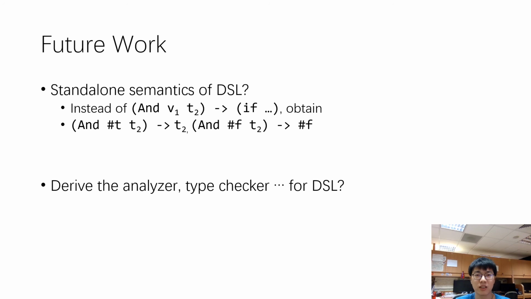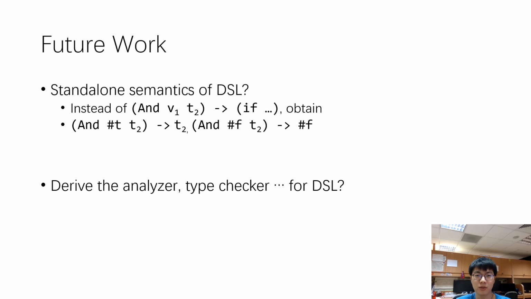Just like this and sugar, based on the reduction rules of if, it's possible to obtain one without dependency on if. It is more efficient, but not that simple for some complex cases.